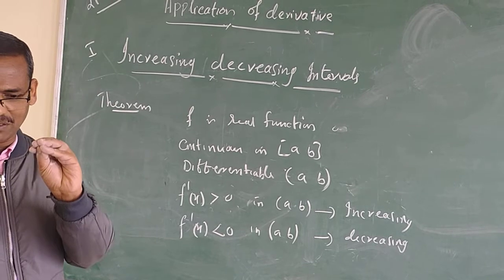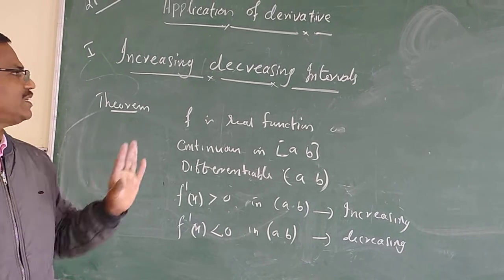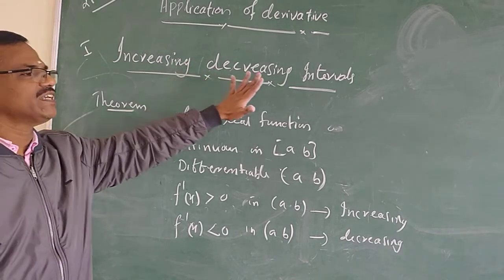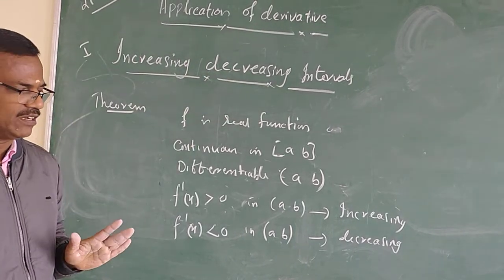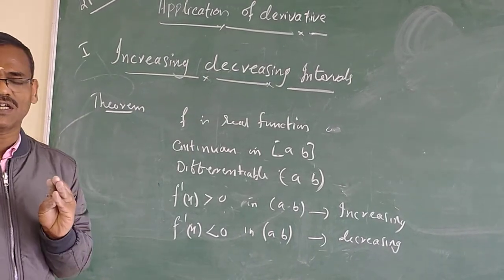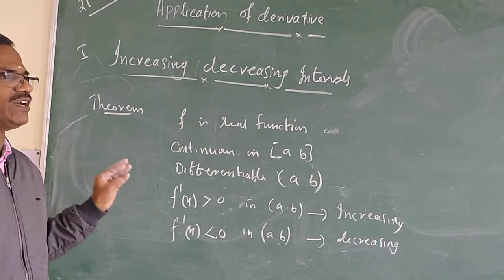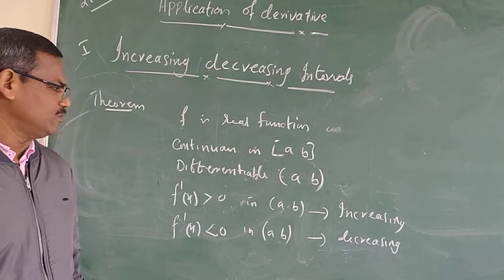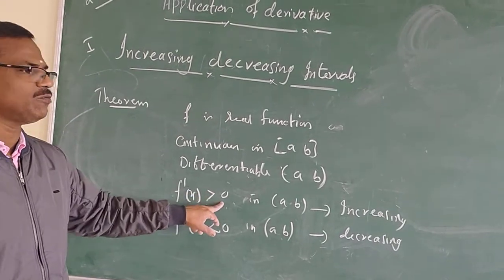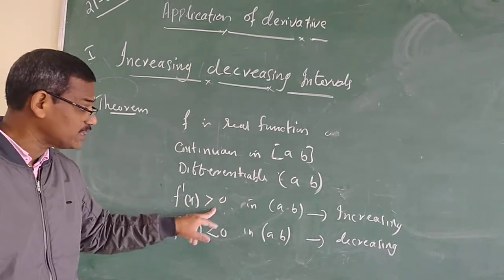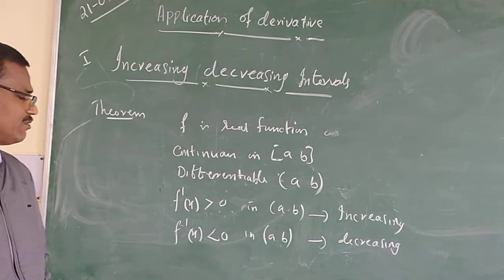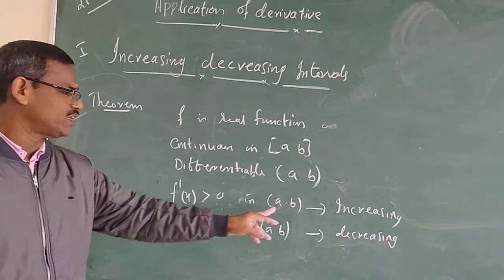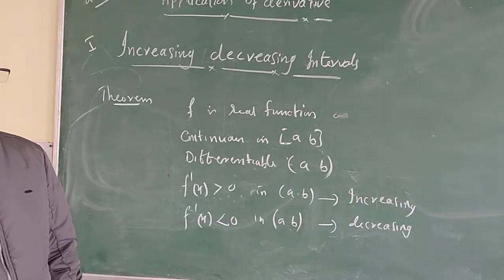Let me make it clear once again what the application of the derivative is in finding decreasing and increasing intervals. We find the derivative and check whether f dash x is positive or not. If f dash x is positive, we say the interval is an increasing interval. If f dash x is negative, we call it a decreasing interval.